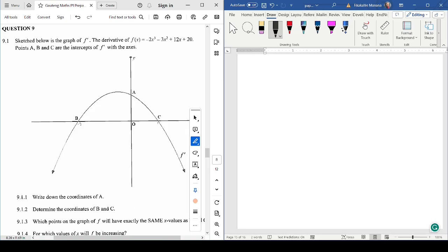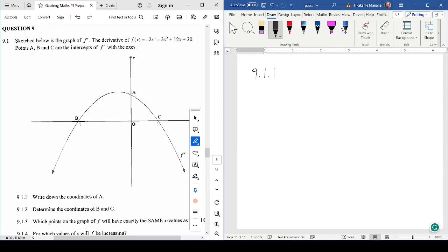Okay, so the first question is write down the value of A. As you can see, A is just what we call the y-intercept, and to solve for it we always say let x equals 0.